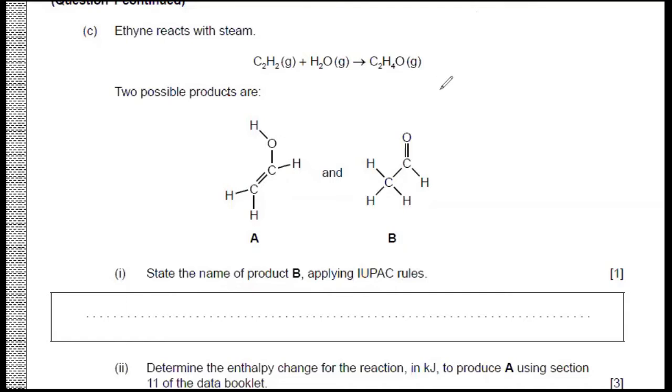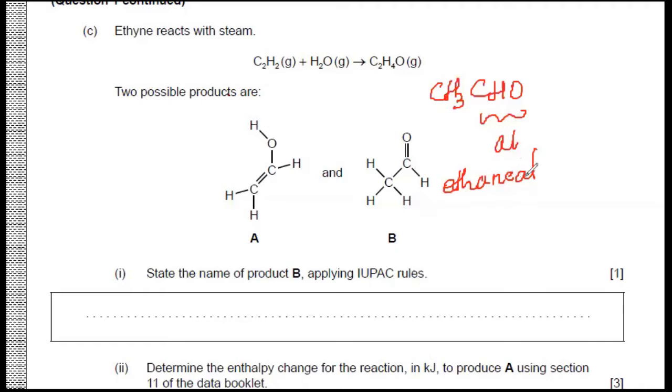Let me redraw B as CH3CHO. So here we are having an aldehydic functional group, and here we are having a CH3 group. So 2 carbon atoms only is there, and an aldehyde. Aldehyde is represented as al, and 2 carbon atoms is represented as eth. There is no carbon-carbon double bond, so it's an ane. So you might be wondering, we have to write it as ethaneal, no, it is not right.